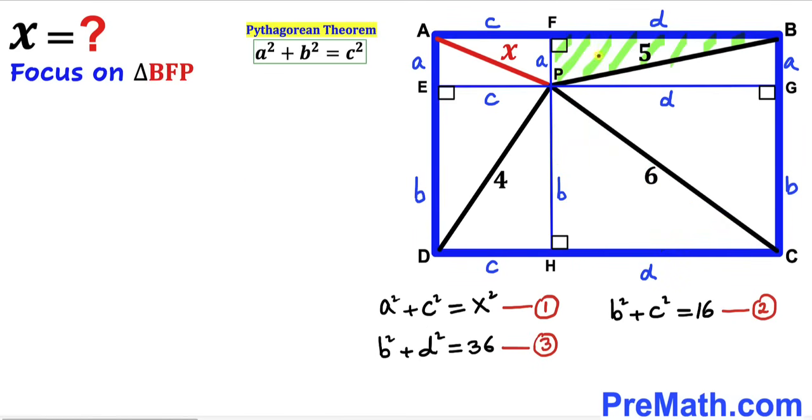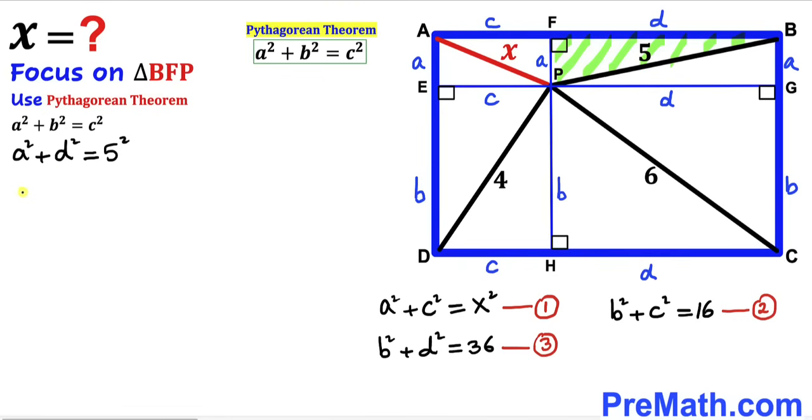And finally, we are going to focus on this right triangle BFP, and apply the Pythagorean theorem on this triangle as well. In our case, 5 is the hypotenuse, whereas lowercase a and lowercase d are our two other legs. Let's fill in the blanks in this formula. We got a square plus d square is equal to 5 square.